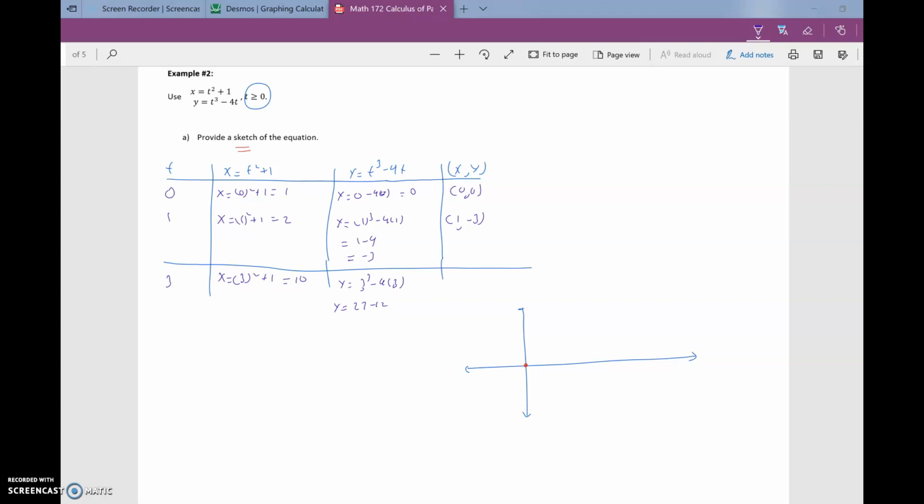So we're getting y is equal to 15. It's outside of the range of values that I have on my scale, but I just need the direction. So 10 comma 15 for this one.